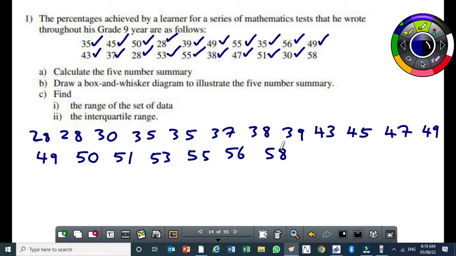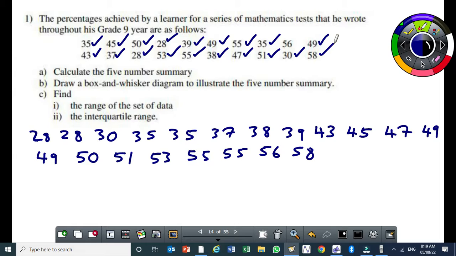Now, let's just count, okay? How many values we got? There were 2, 4, 6, 8, 10, 12, 14, 16, 18, 20 in total. Right? There are 20. So let's just check.